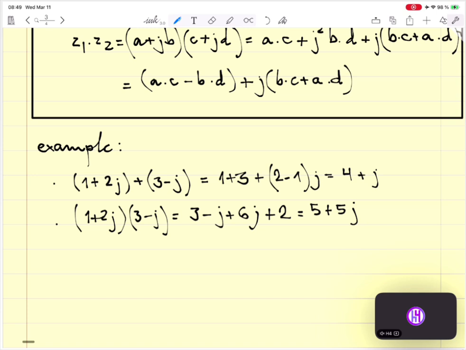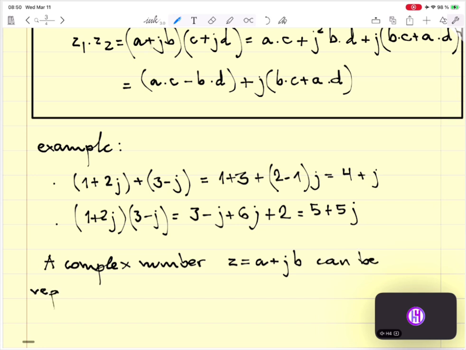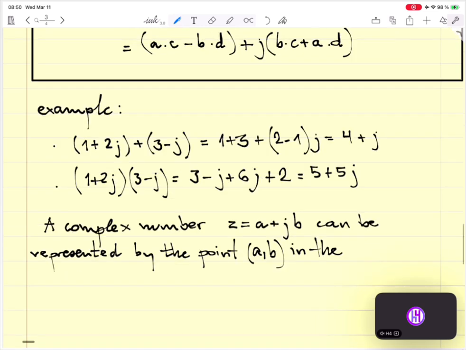A complex number z equals a plus j times b can be represented by the point AB in the complex plane.